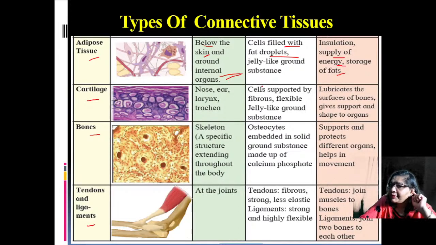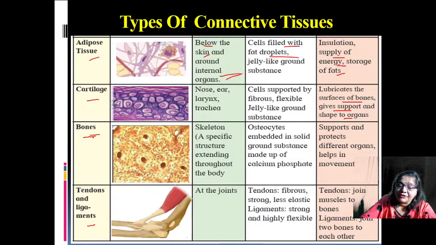You can fold them, but they don't break or tear easily. The main function of this tissue is to lubricate the surface of bones. It helps in giving support and shape to the organs. The cartilage gives the shape to your nose and to your ear pinna. So that is the main function of the cartilage tissue.